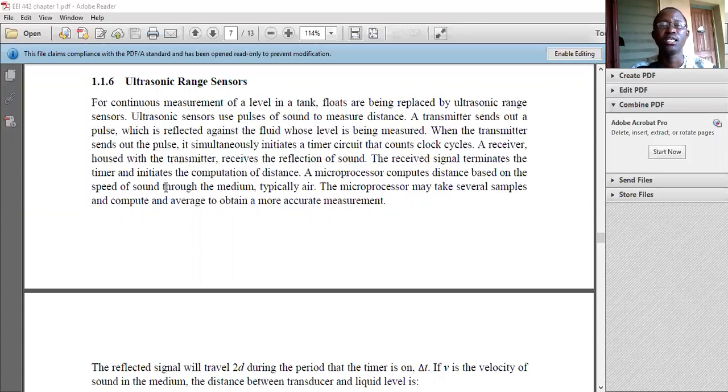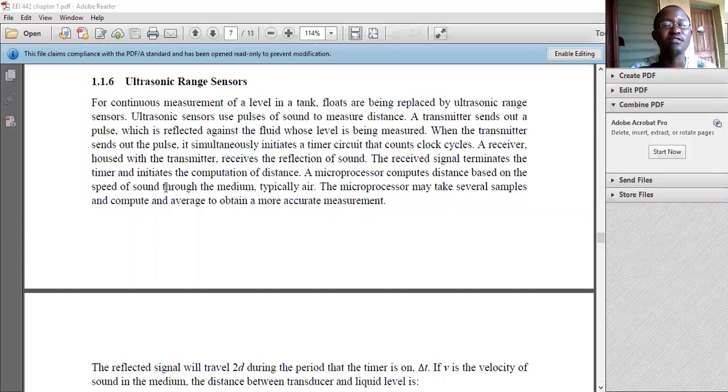Now, the transmitter sends out the pulse. Immediately it does that, it also simultaneously initiates a timer circuit. The timer circuit is to count the clock cycles to determine how much time is taken between the time when the signal is sent out and when it comes back and is received.